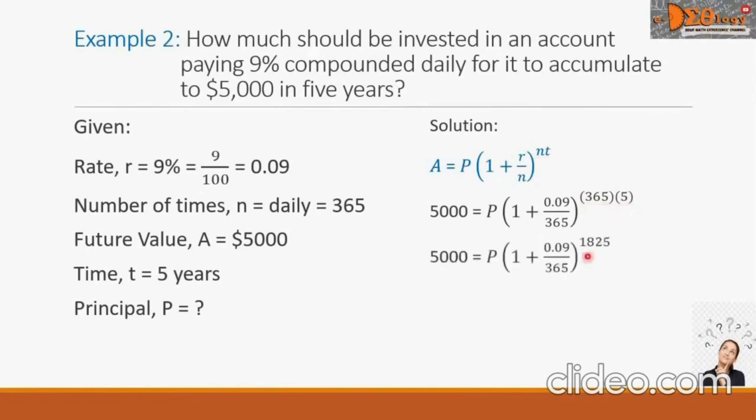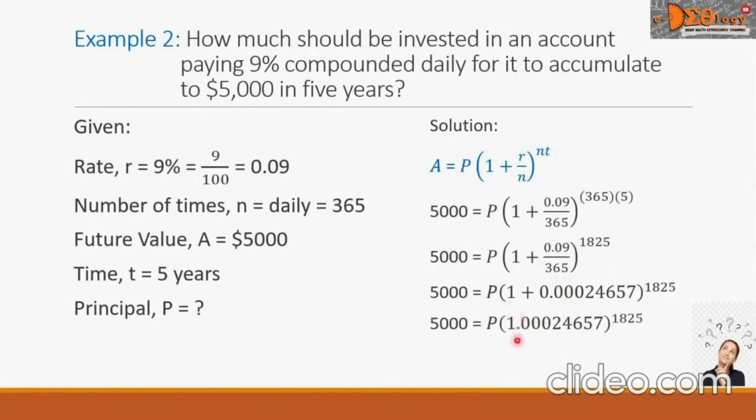We will get 1,825. And then, let us simplify this fraction, 0.09 over 365. And the value is 0.00024657.